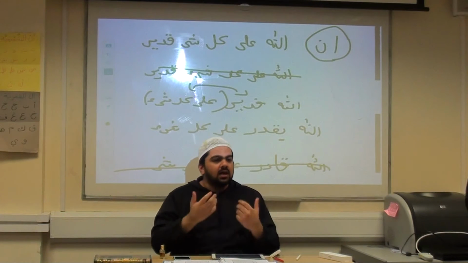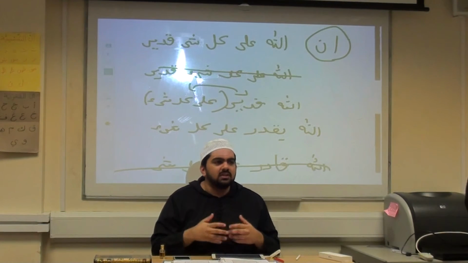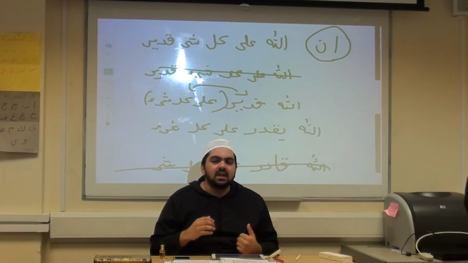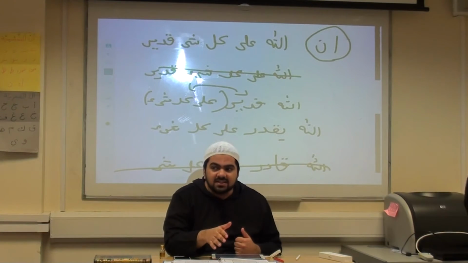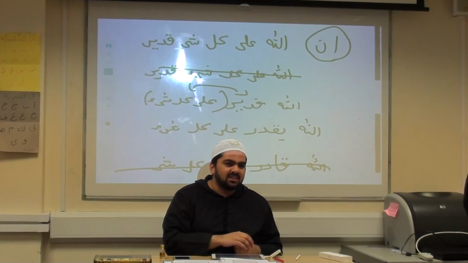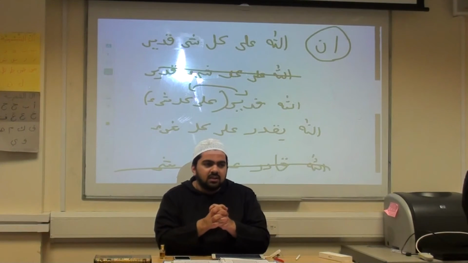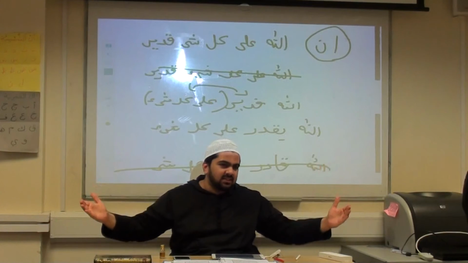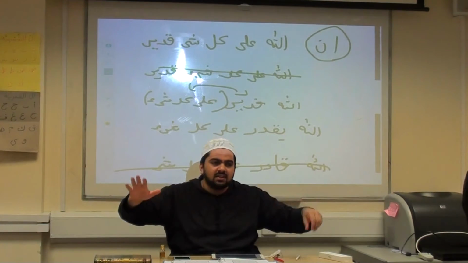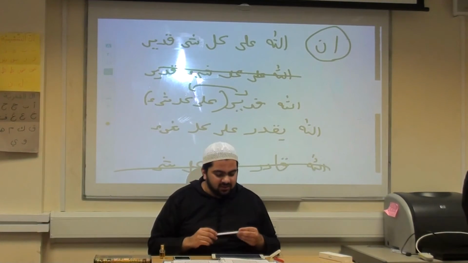Normal English we would say Allah is powerful over all things. Allah qadirun ala kulli shay. But Allah here is saying Allah above all things is powerful. So the ala kulli shay is brought forward to give emphasis on the fact that it's all things, small, little, big, everything. Allah subhanahu wa ta'ala has power over.